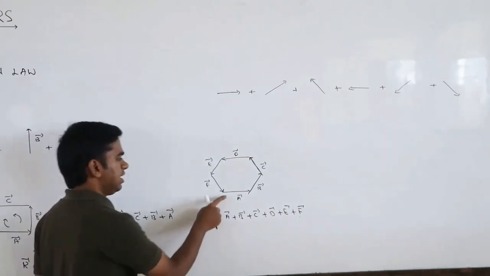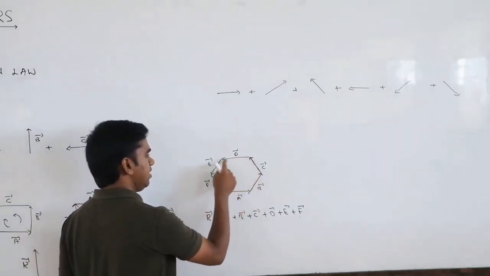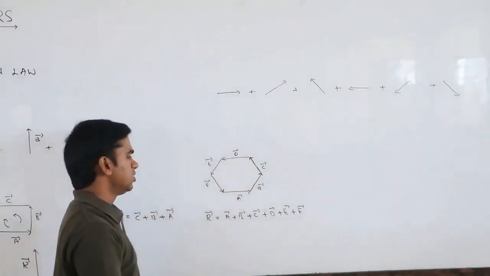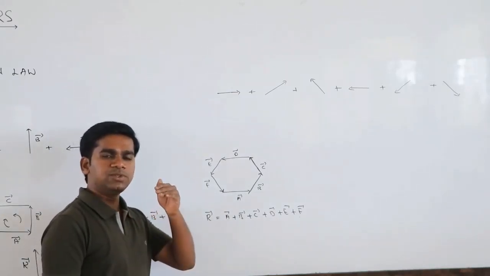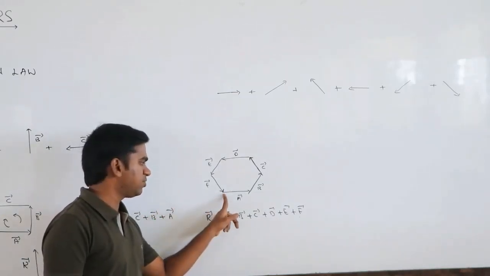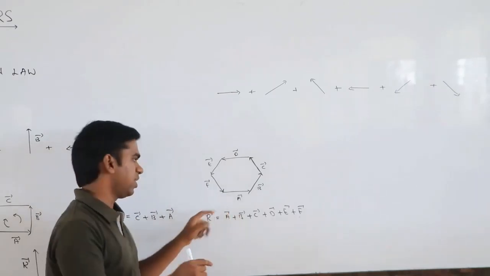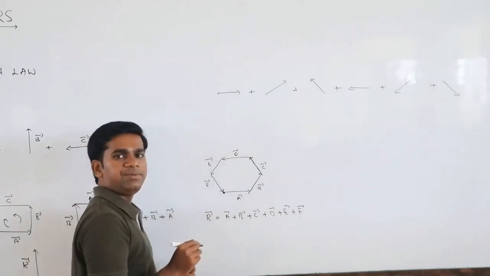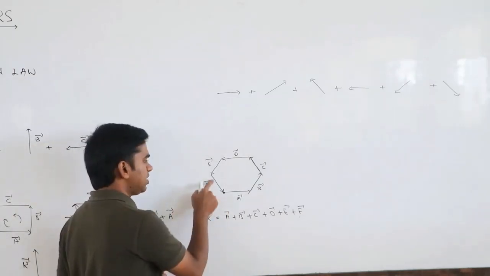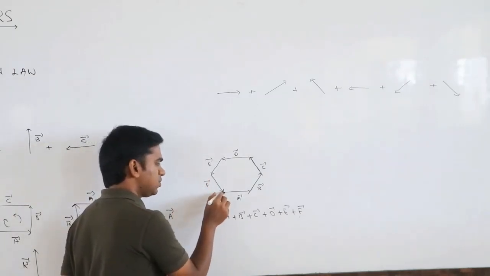It started from here and is coming back to the same position. The resultant should start from the tail of the first vector to the head of the last vector. The tail of the first vector is here only, and the head of the last vector is also here only.